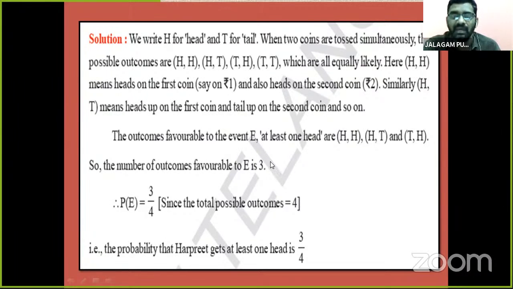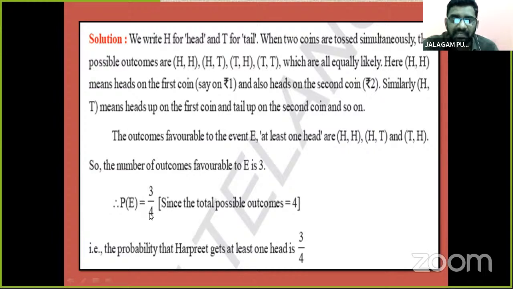Probability is defined as favorable outcomes divided by the total number of possible outcomes.